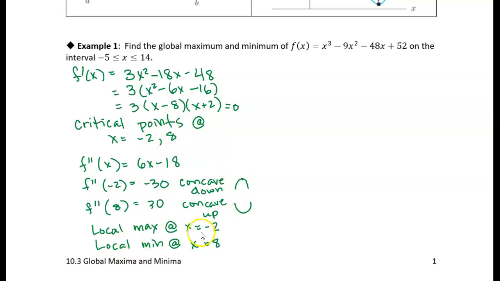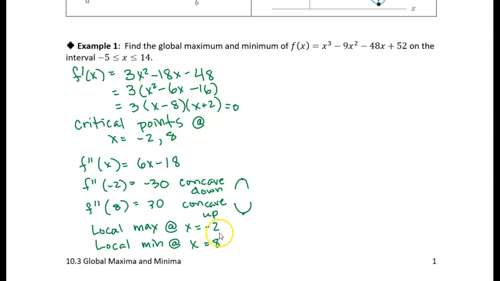So we can say that there's a local maximum at x equals -2. The same way with 8. When I evaluate the second derivative at 8, I get 30, meaning it's concave up, so we have to have a local minimum at x equals 8. All right, so we did that before.